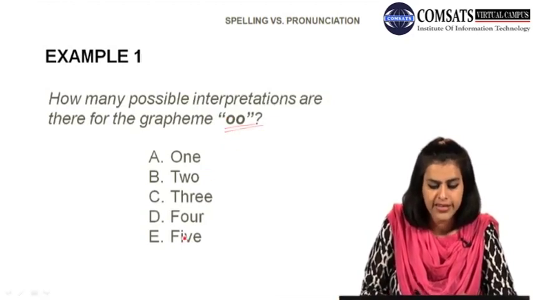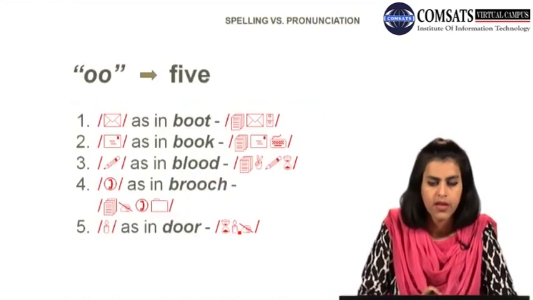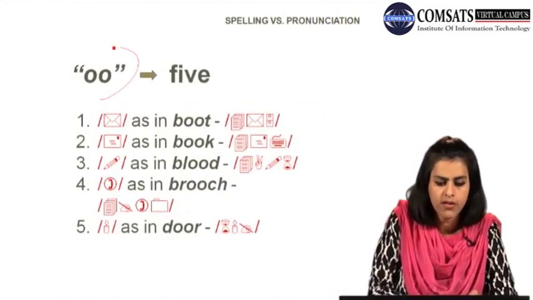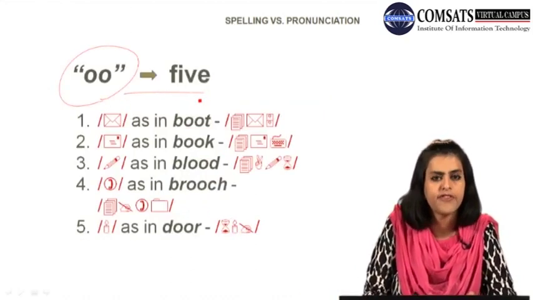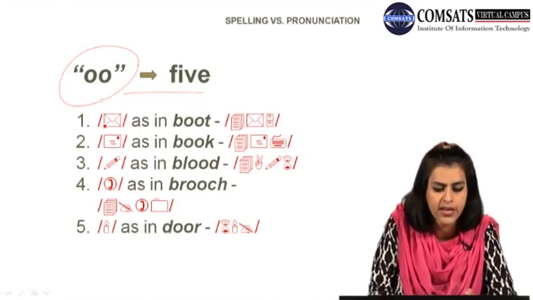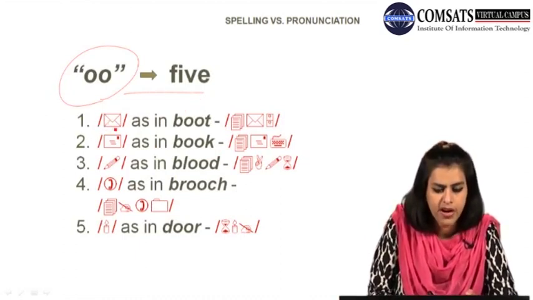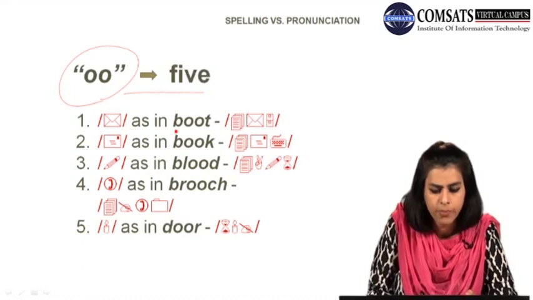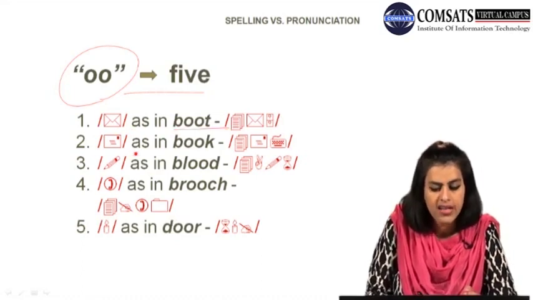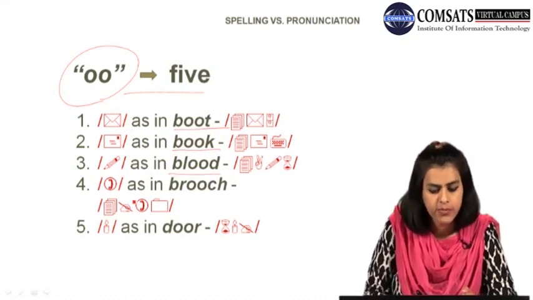Now we would find at least 1, 2, 3, 4 and 5. There can be 5 interpretations, for example, as in boot, or as in book, or as in blood, or as in brooch, or as in door.